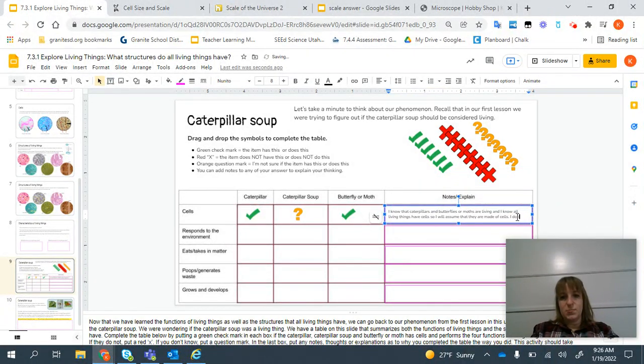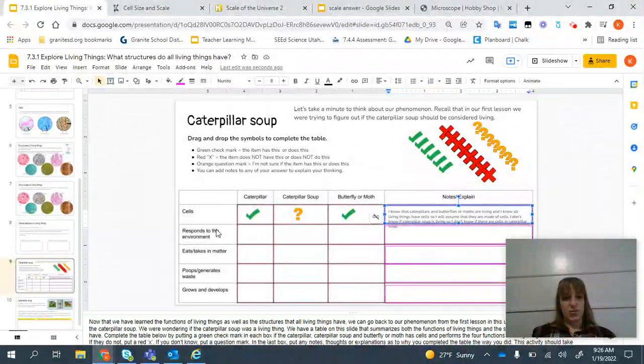And then I'm going to add, I don't know if caterpillar soup is living, so I don't know if there are cells in caterpillar soup. Okay, so that's a pretty good explanation for the first box.